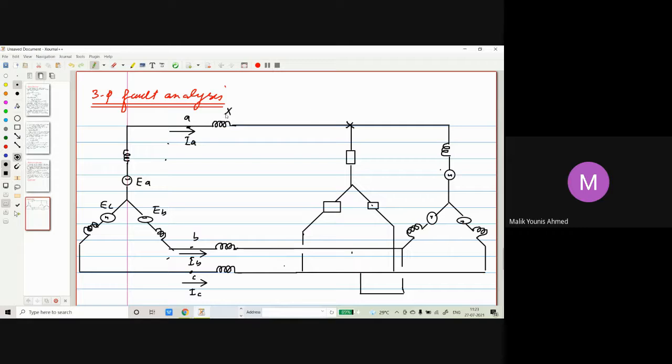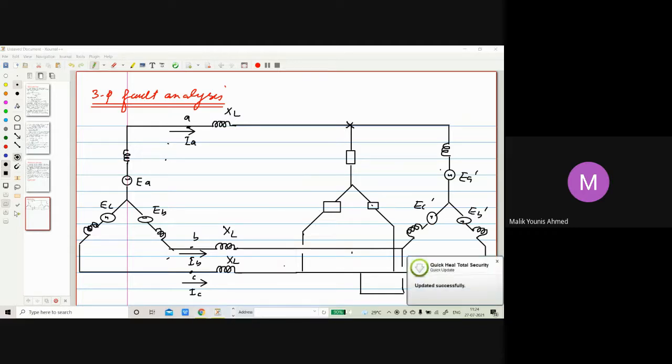Then this is XL, XL, XL. Let us say this is the motor. So we will say this is EA dash, EB dash, EC dash, just for identification.